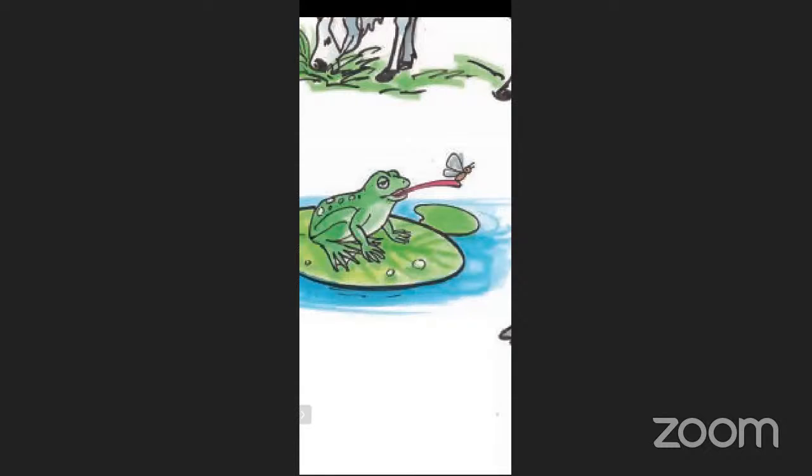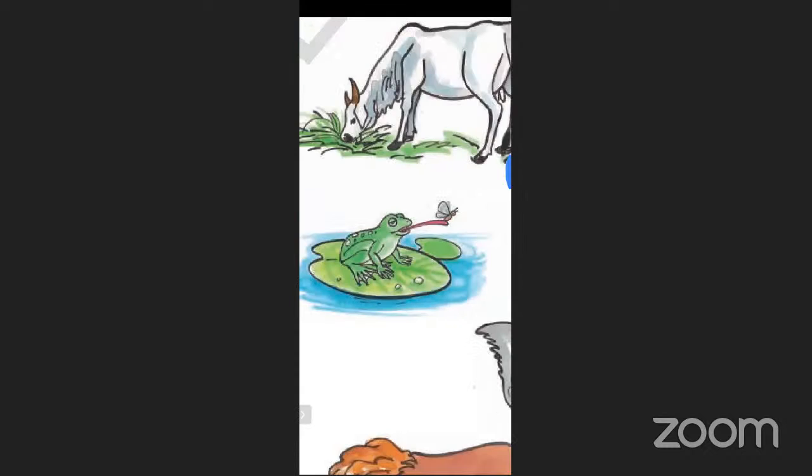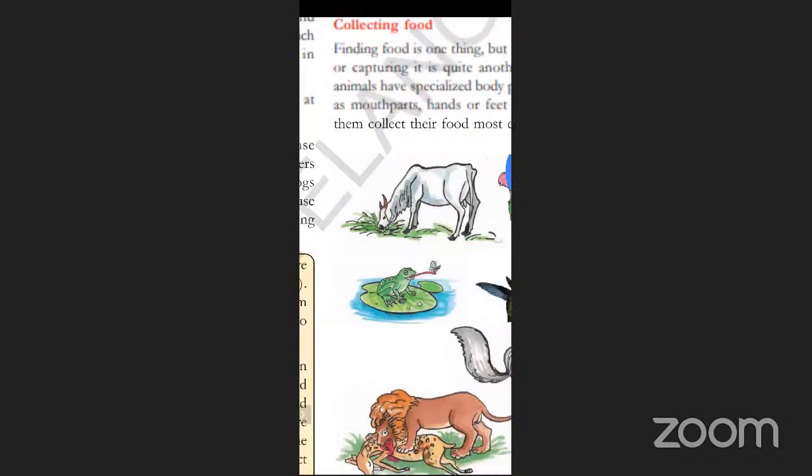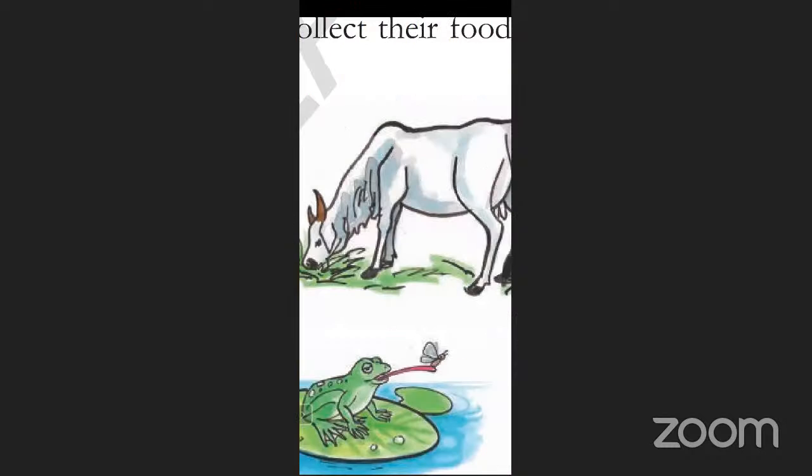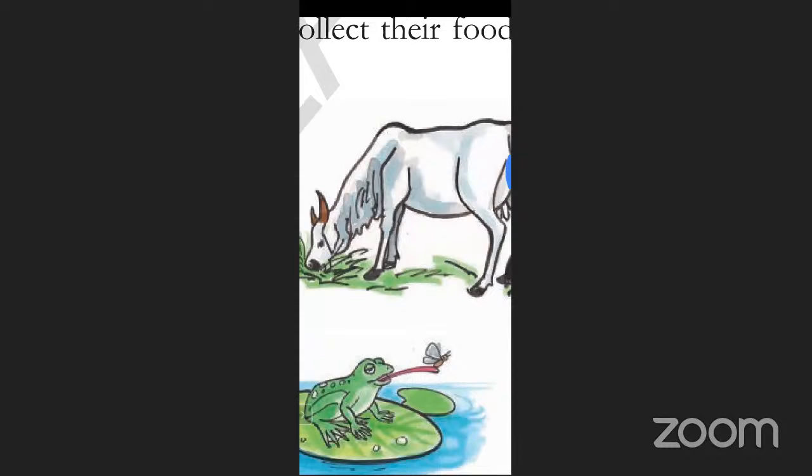Then how does the cow get its food? Okay, now I will explain. See children, animals like cow, buffalo, camel, this type of animal first chew their food, Nana, very quickly. They go on eating continuously.